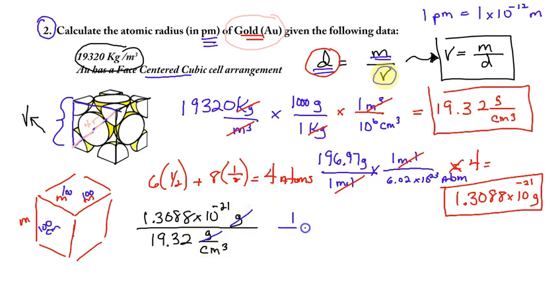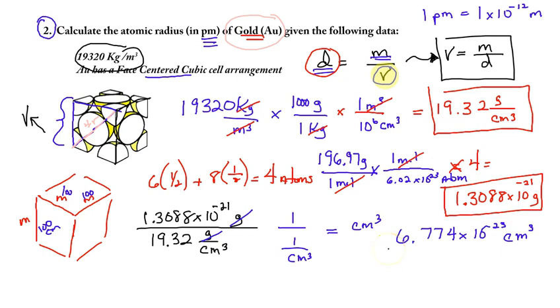And 1 over centimeters cubed becomes centimeters cubed. So that makes a lot of sense. All right, now let's go find that number. And when we do that, we get 6.774 times 10 to the negative 23 centimeters cubed. Having fun yet? Awesome. So now we have the volume.